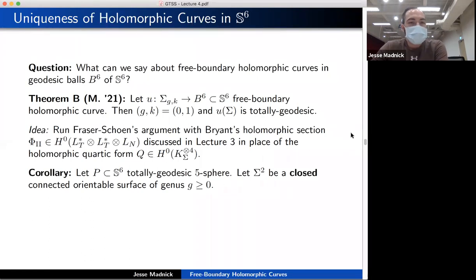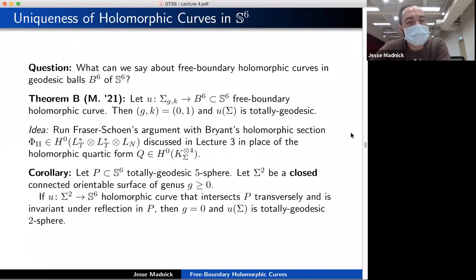So this has a very interesting corollary, just as Fraser and Schoen got their corollary about closed minimal 2 spheres in the N sphere. So too, we can sort of play the same game and get an analogous corollary. So let P be a totally geodesic 5 sphere in the round 6 sphere. And suppose you have a, this time closed, connected orientable surface of any genus.